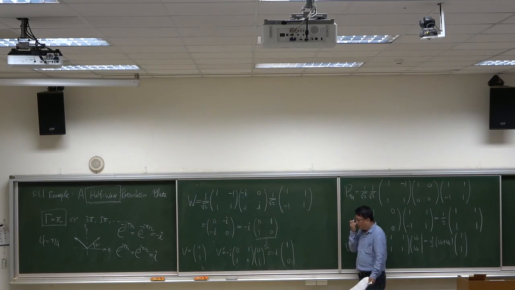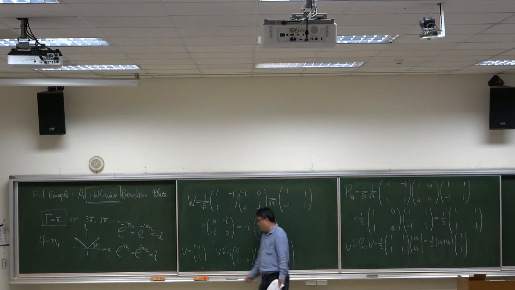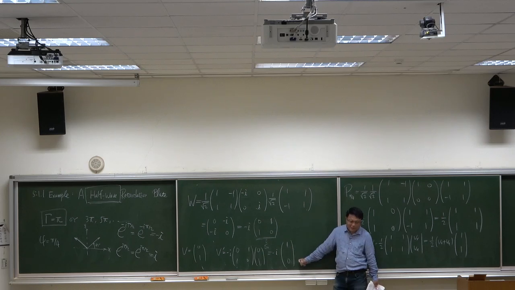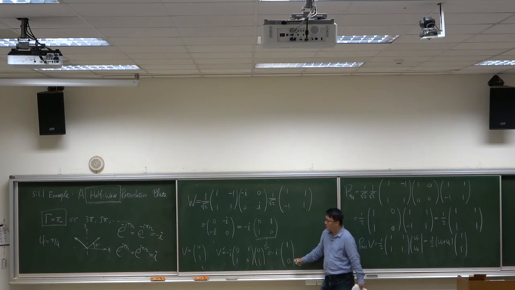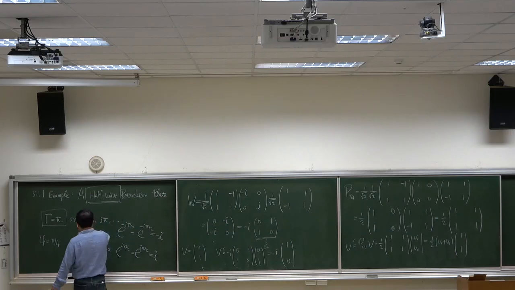So you see, originally we have a y polarized light, then finally we get an x polarized light. Okay, so this means that we rotate the polarization 90 degrees.